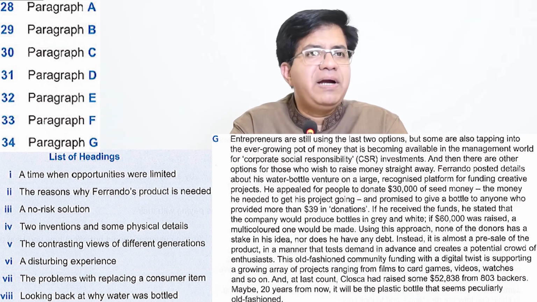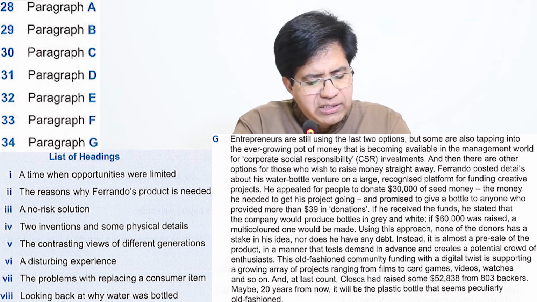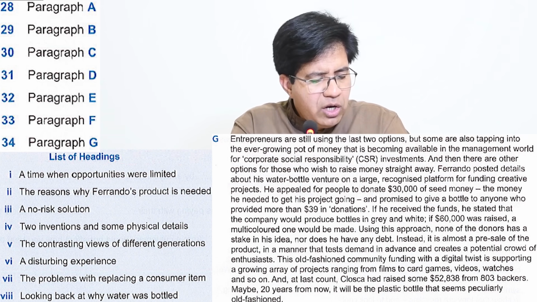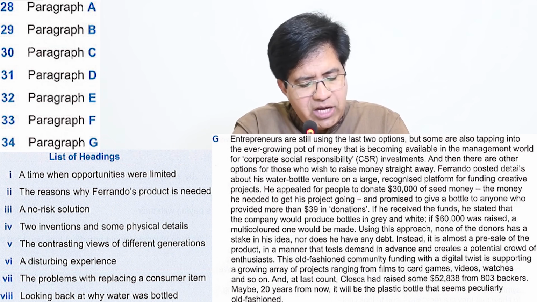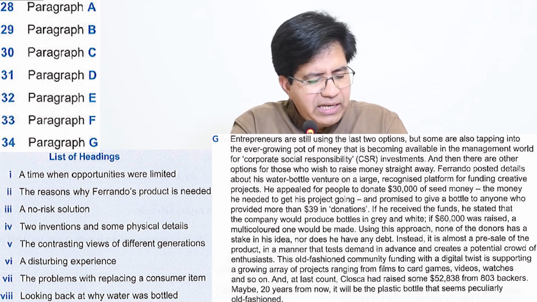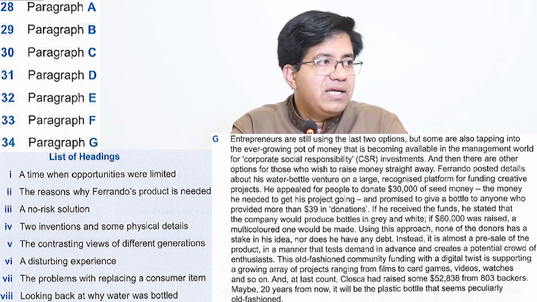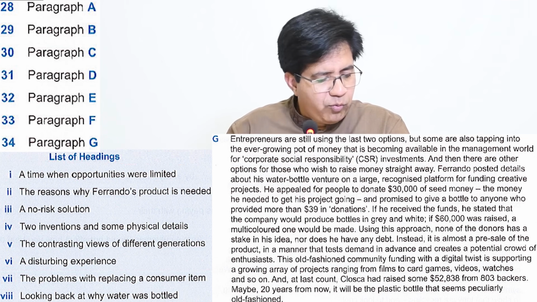Below middle, after multicolored, you found this answer. After multicolored, using this approach, none of the donors has a stake in his idea, nor does he have any debt. Instead, it is almost a pre-sale of the product in a manner that tests demand in advance and creates a potential crowd of enthusiasts. Now, what is it? It is no risk solution, or what?